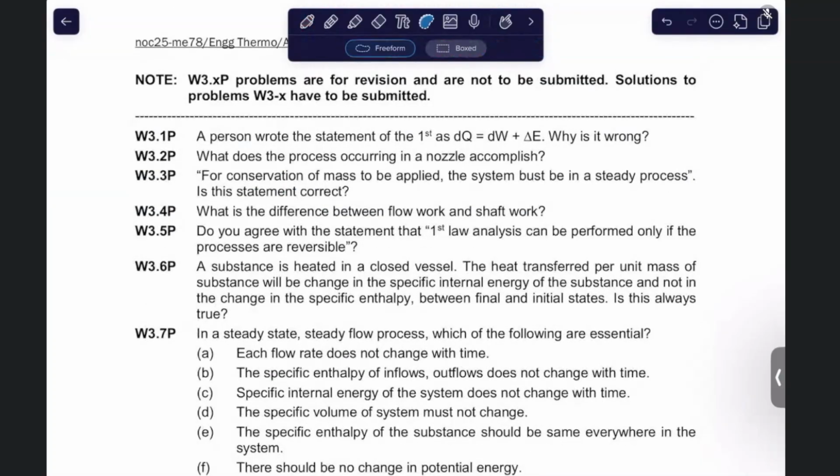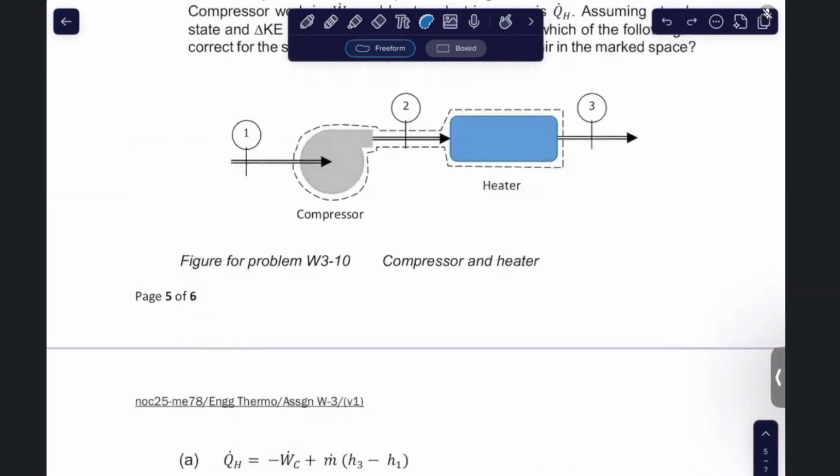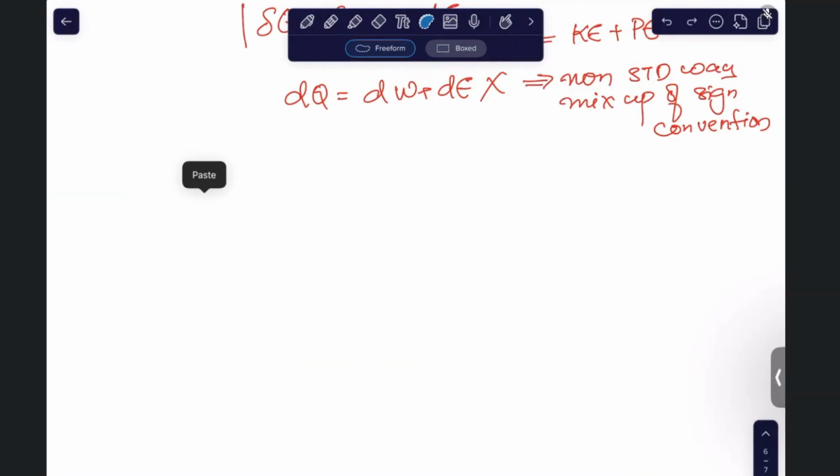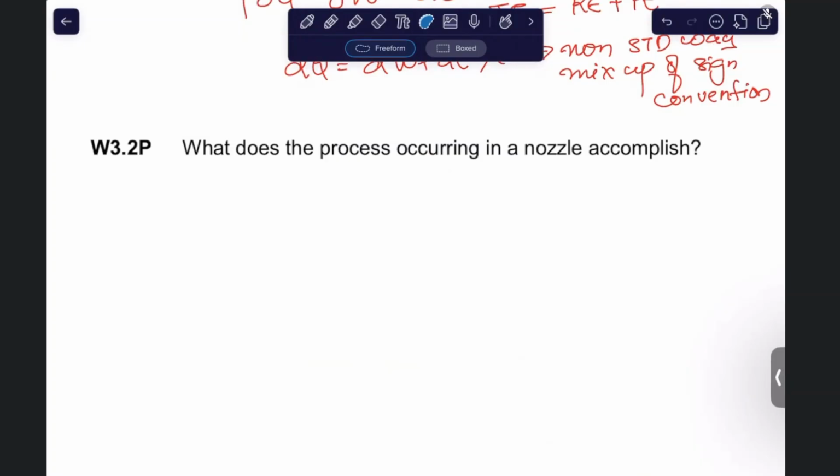Okay, this is about the nozzle. What does the process occurring in a nozzle accomplish? That is the question. So a nozzle is a steady flow device.